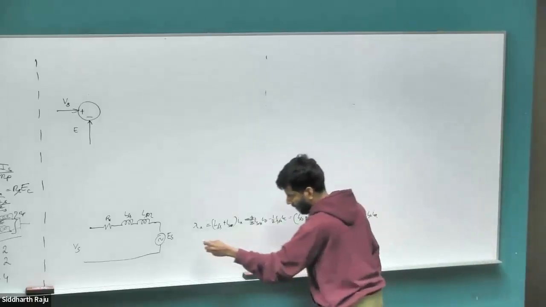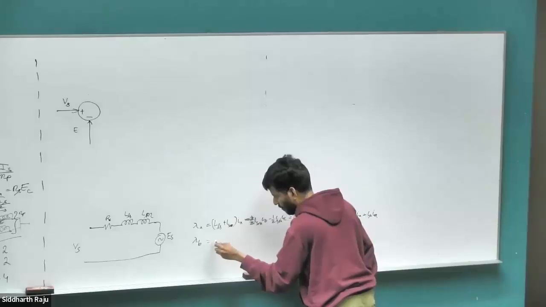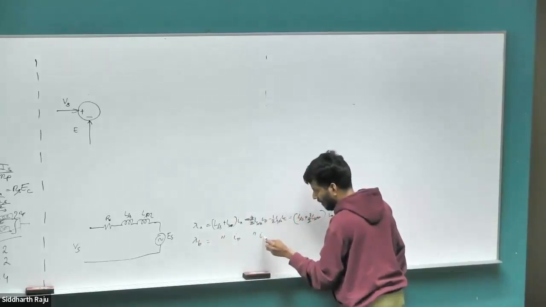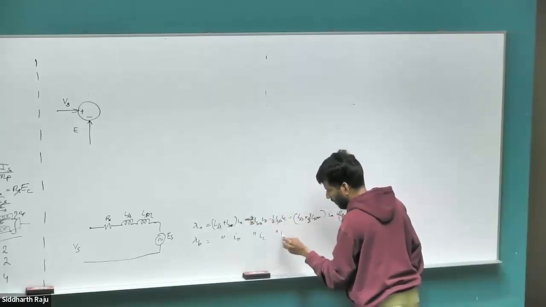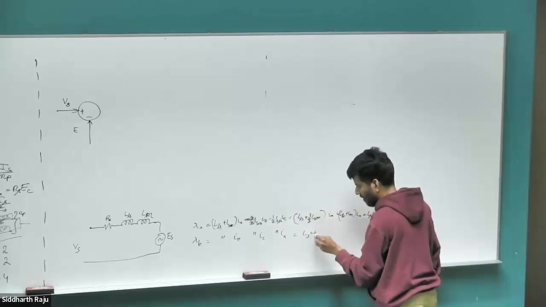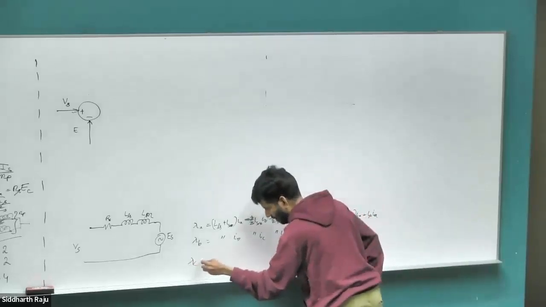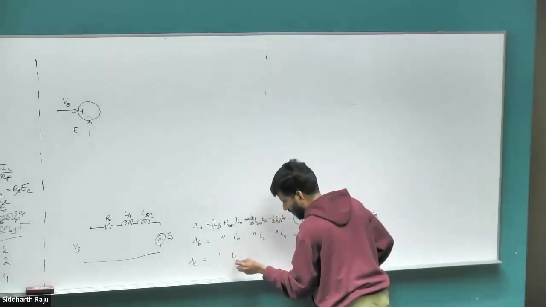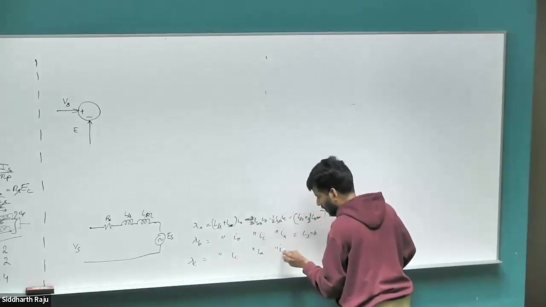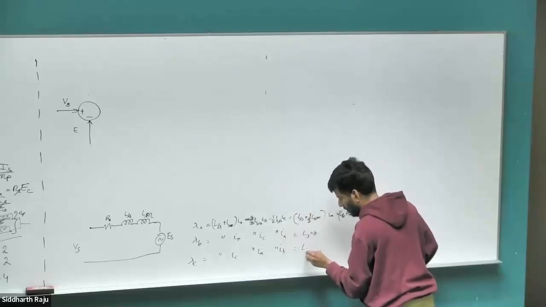Right? So the same thing happened for lambda B as well. The same term with IB, the same term with IC, the same term with IA, and this ended up being LS times IB. And the same thing for lambda C, and this ends up being LS times IC.